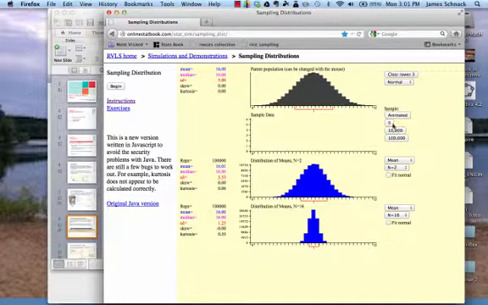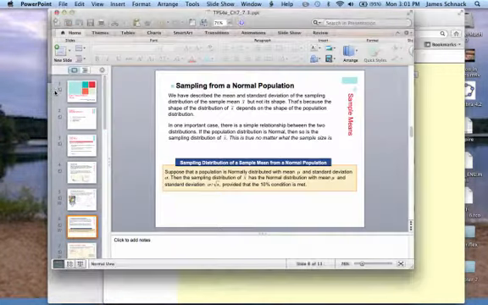There we go. So it doesn't matter that I only selected sample size 2, sample size of 16. Our sampling distribution is approximately normal because we're starting from one of these normal distributions. We'll look at some of these others in just a second, but let's go back to our note-taking here.